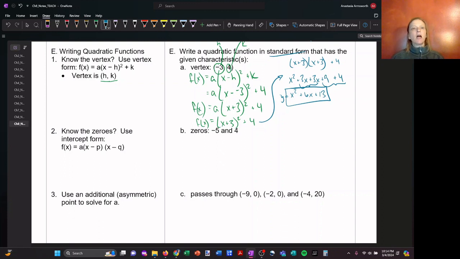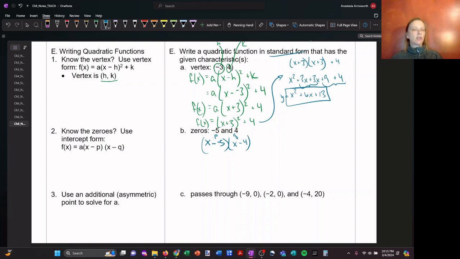In the next example, I know the zeros. If I know the zeros, then writing an equation in intercept form as my first step is the best strategy. So if my zeros are at -5 and +4, and you think of this as being my p value and this as being my q value, then I have x minus -5 times x minus 4.